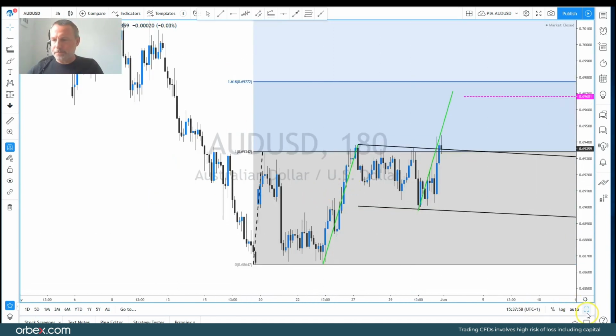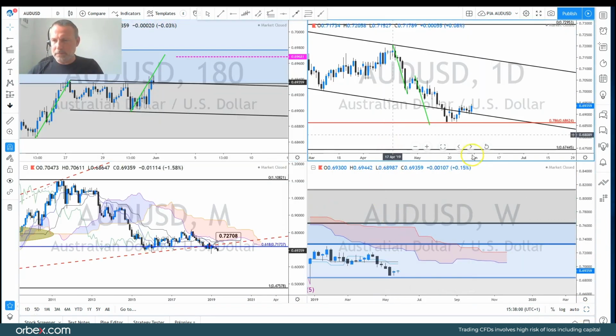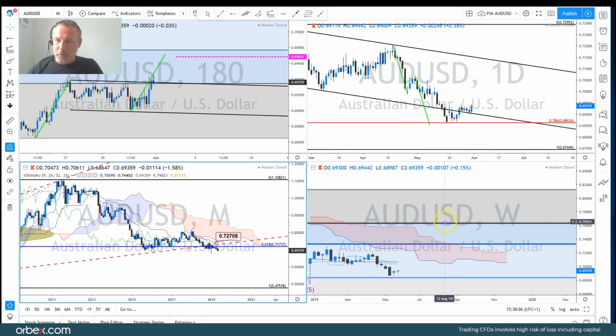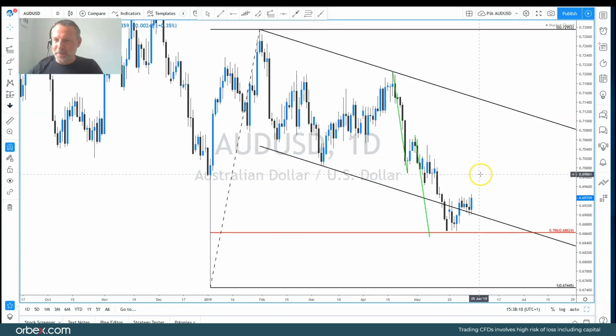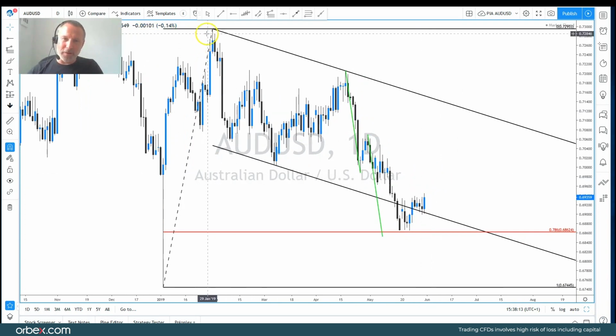Now Aussie dollar, I don't think we're going to see much movement in this currency pair next week. Probably going to rally now that I've said that. The daily chart, we've got this mixed volatile trading to the downside.